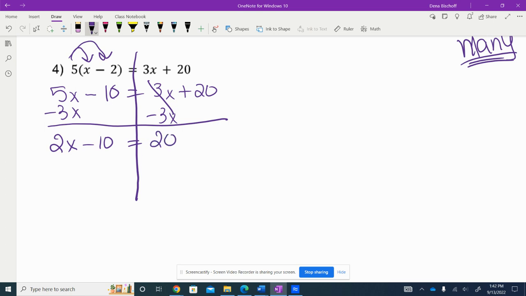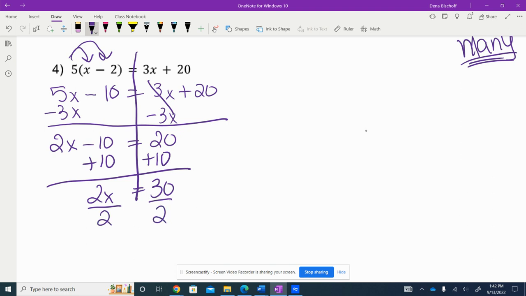Now what? What do you think, Edward? What do you want to do? Awesome. Add 10 to both sides. Good job, sir. 2x equals 30. Last step, Hayden, we always divide by the number attached to the variable. Divide both sides by. Awesome. And we find out that x equals, thank you, sir.